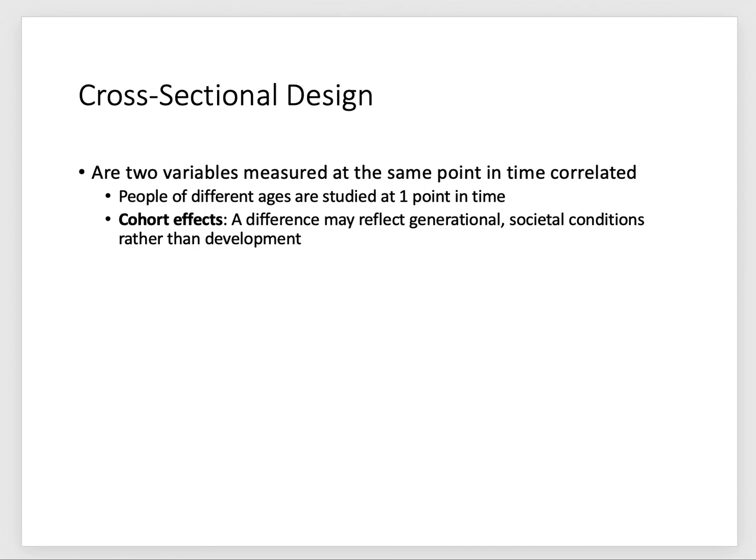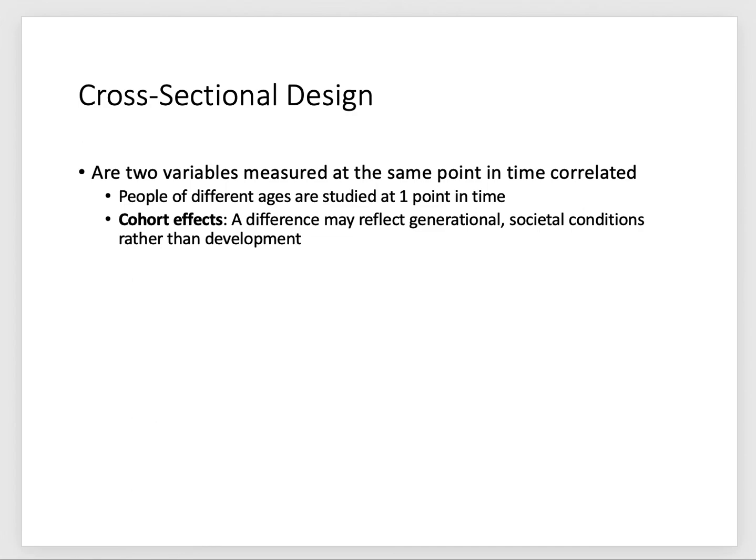Cohort effects can actually be problematic, so I shouldn't refer to that as something that we want to do ideally. But sometimes we do make comparisons between people who are part of different cohorts, who are different ages at one point in time.